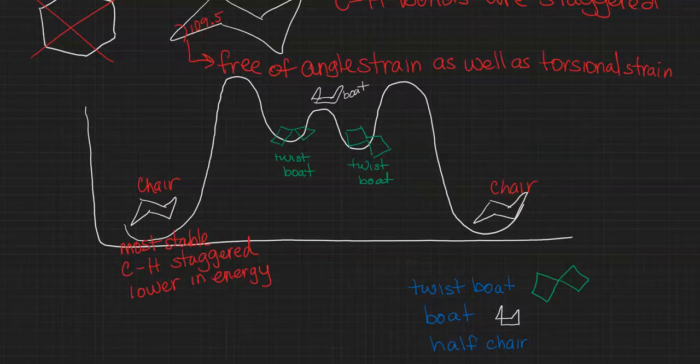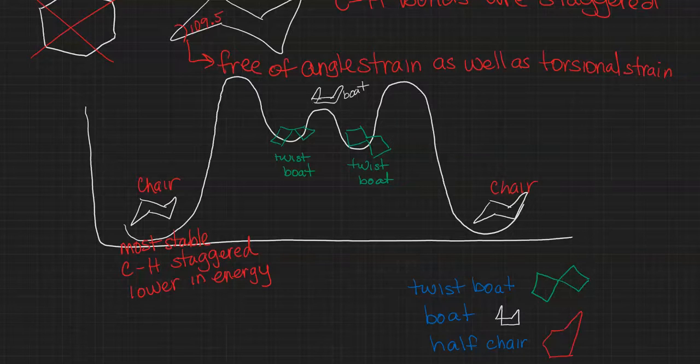The boat, in terms of energy, would come after the twist boat. So again, the chair is the most stable, and the twist boat would be after, then the boat, and then lastly, the half chair, which is shown here.